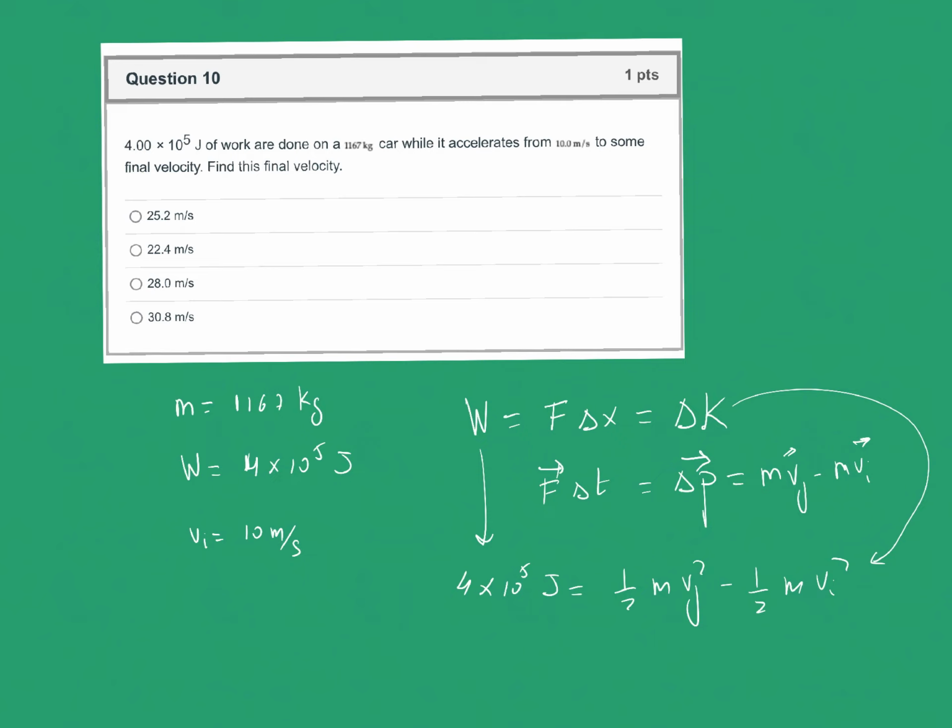And they are asking, after this amount of work was done, what is the final velocity? Okay, you have all the data, you have the mass and the initial velocity, so you can find v_f squared, v_f is the square root of whatever. So you do it and you solve it.